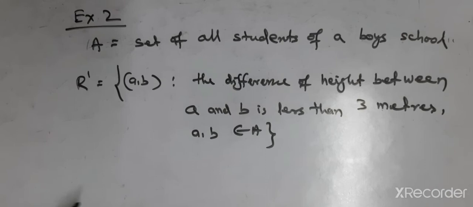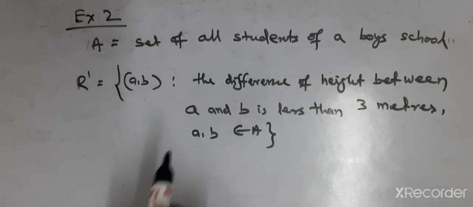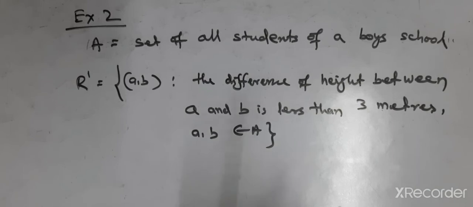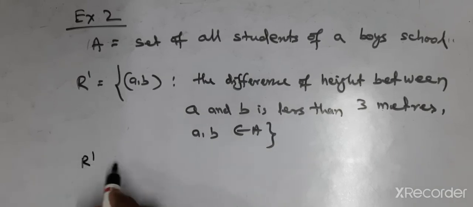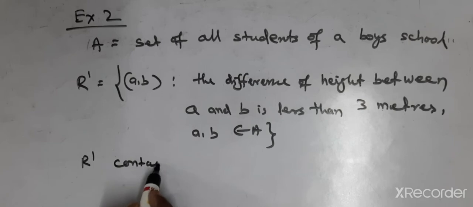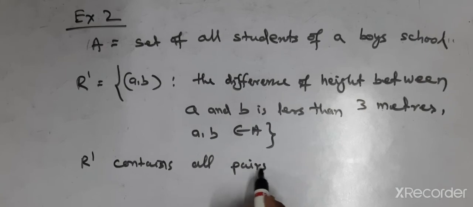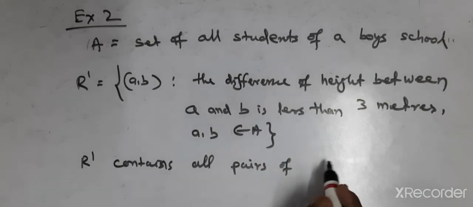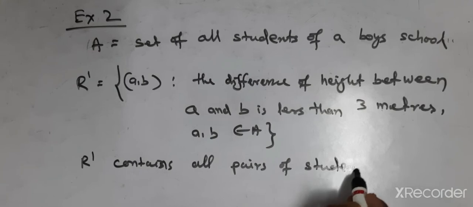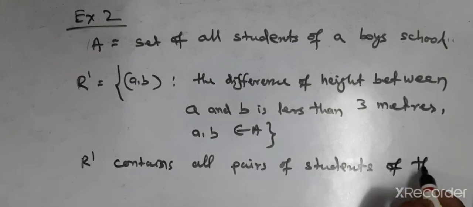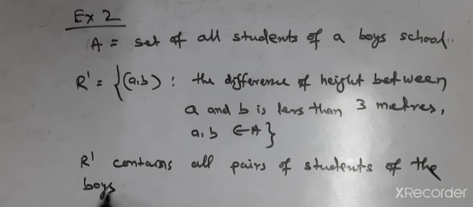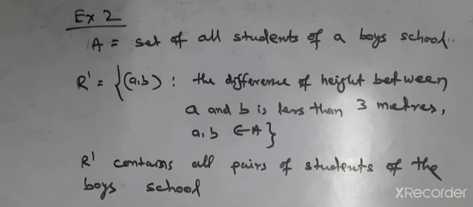So the difference of height of two students is always less than 3. So R' contains all pairs of students of the boys' school. This implies R' is a universal relation.